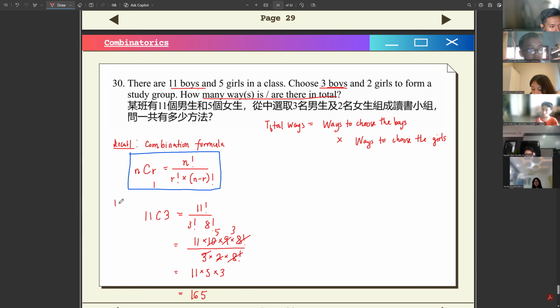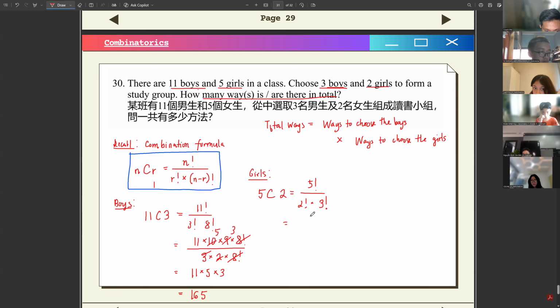Meanwhile, for the girls, so let's label this as for the boys. For the girls, how many girls are there in total? We have 5. And we have to choose only 2. So 5 choose 2 or 5C2. 5 factorial over 2 factorial times the difference, 3 factorial.